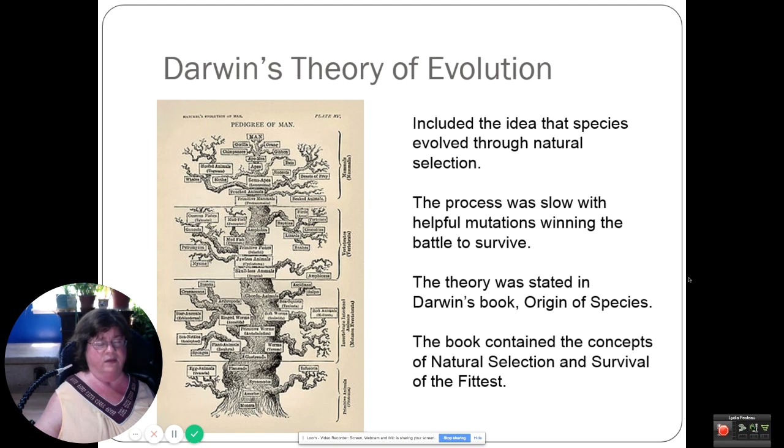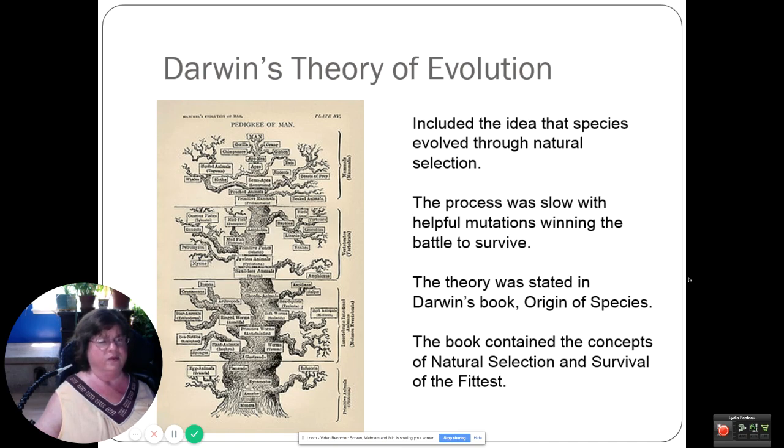Darwin started his theory by looking at finches, and these finches had adapted depending on where they were in Galapagos, the island. What kind of plant life was there? Their beaks mutated so that they could get the most nutrition from the area where they lived.